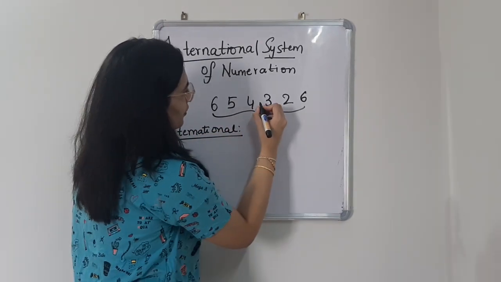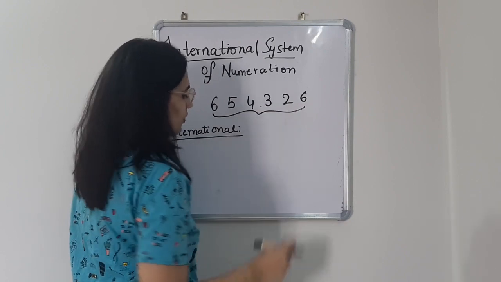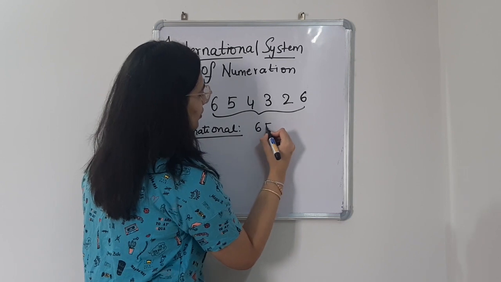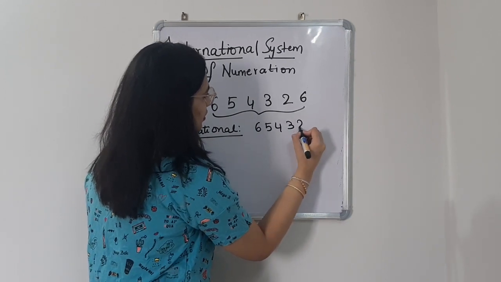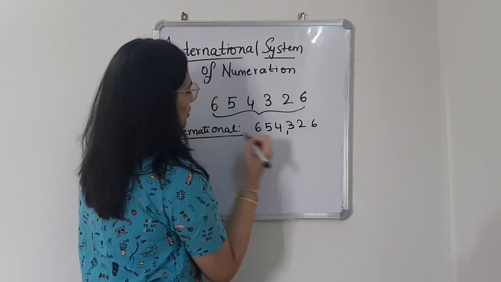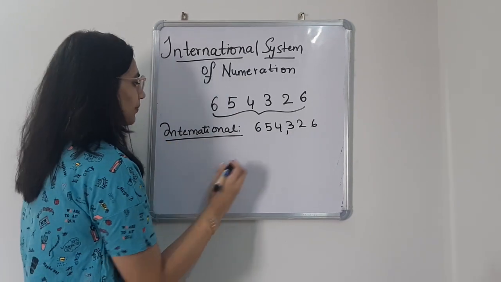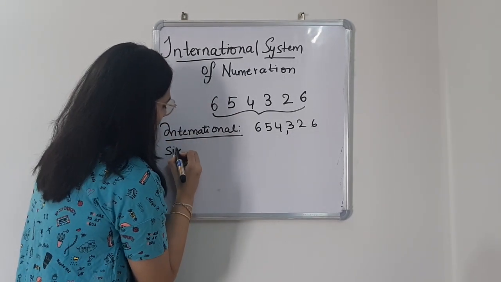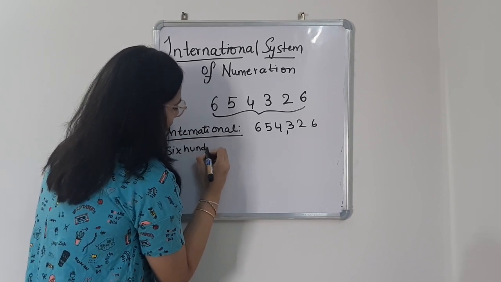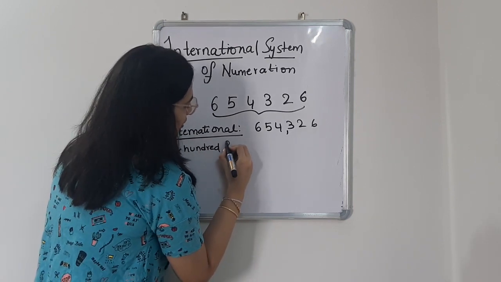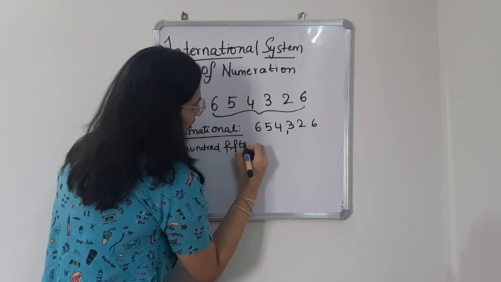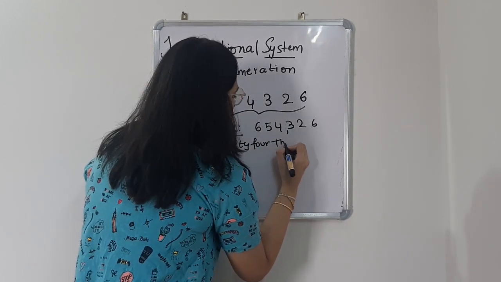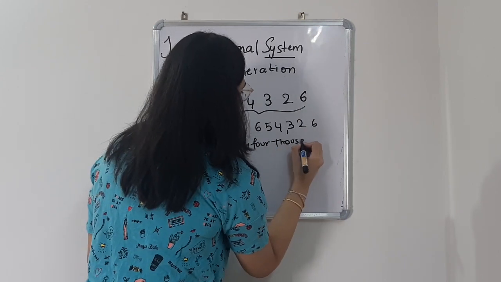First you put commas for international, because we are writing it as both Indian and international. We'll take it separately. This is international, correct? Comma, 3 digits. Now it will be 654,326.